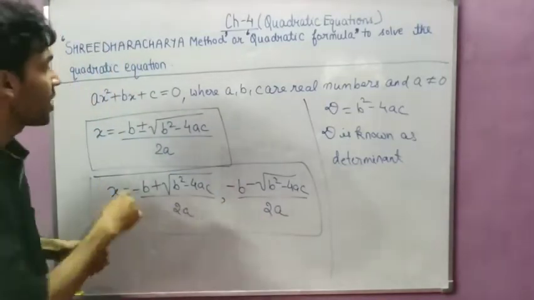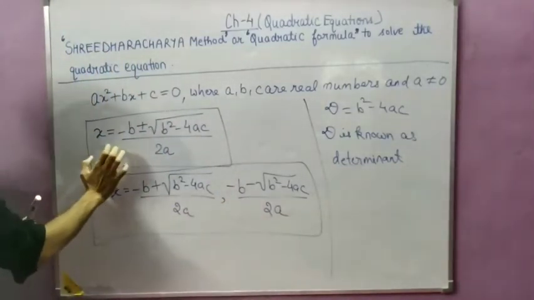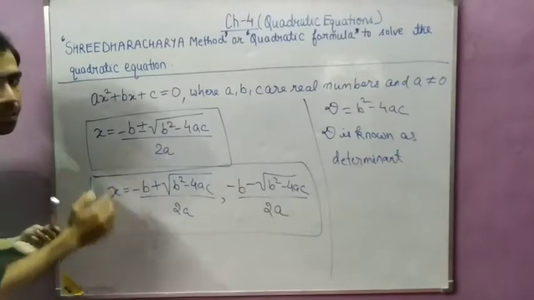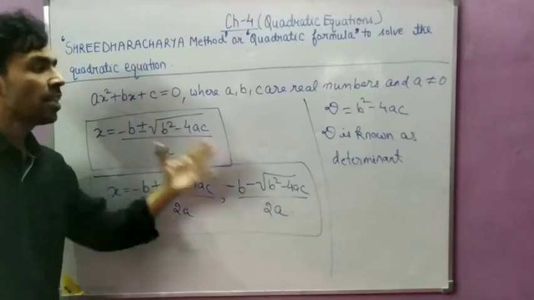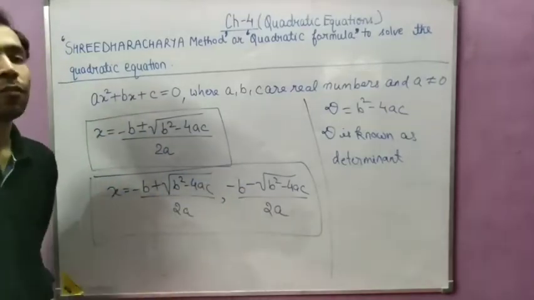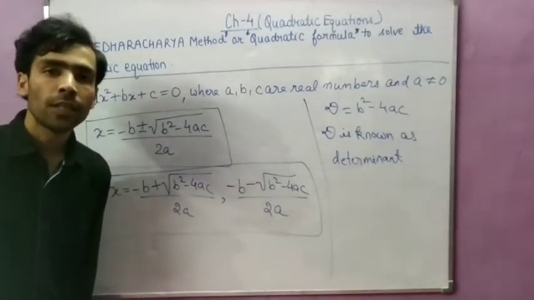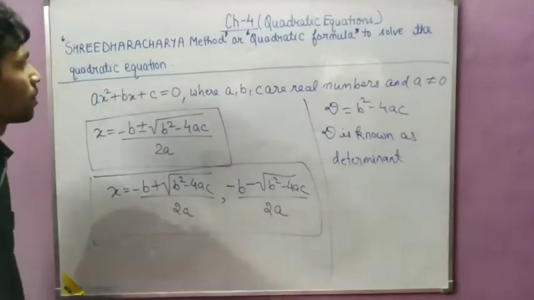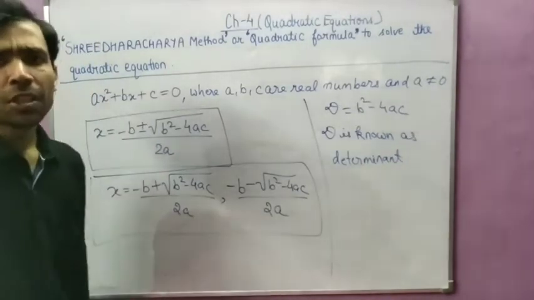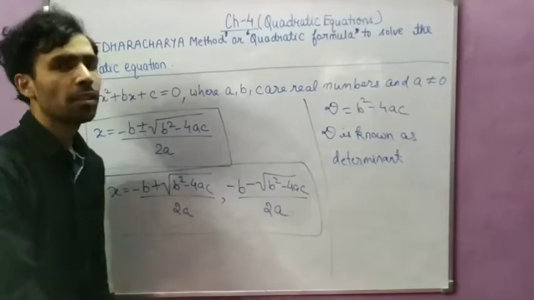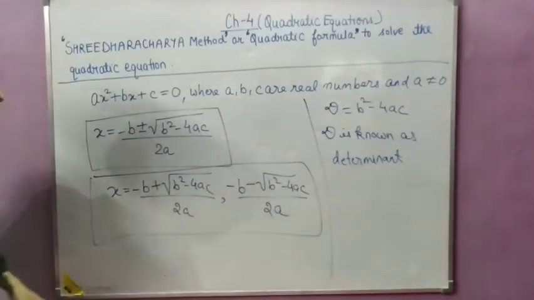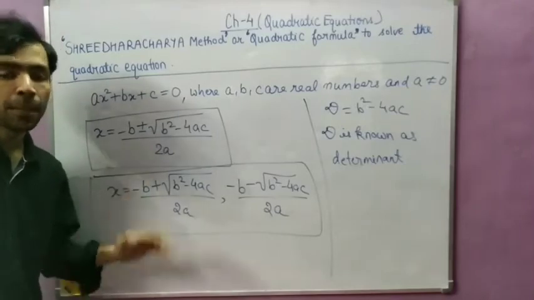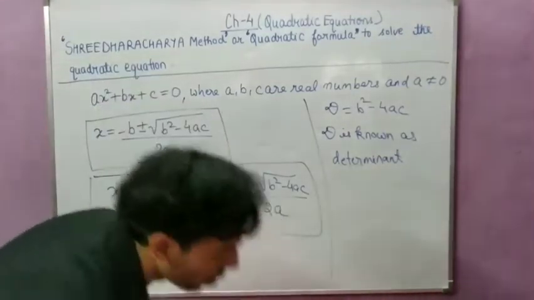And this method is generally used for finding the roots of quadratic equations. Whenever you have to find the solution or roots, you can use this method. So I hope you have noted down. Remember this formula, it will help you in solving the questions.